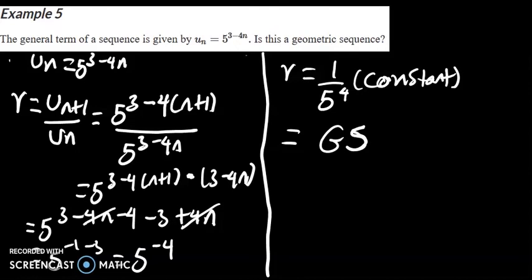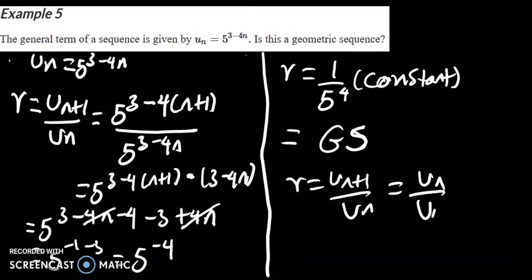Obviously there are other ways of doing this, just by simply putting in values, getting the first, the second, and the third value, and after that using un plus 1 over un is equal to un over un minus 1. I think that's simpler, so if that works for you, you can use that.